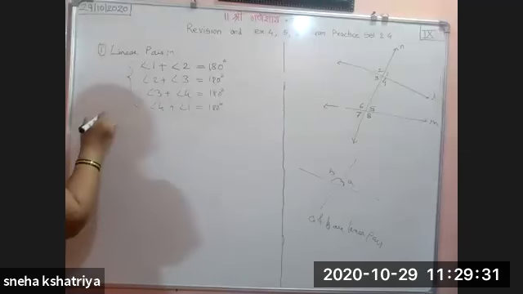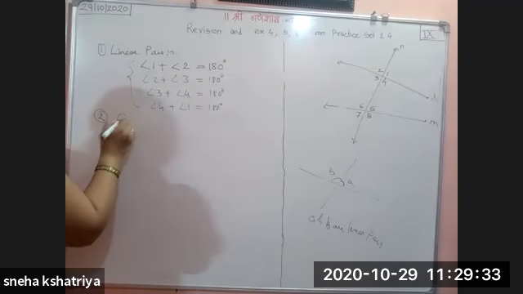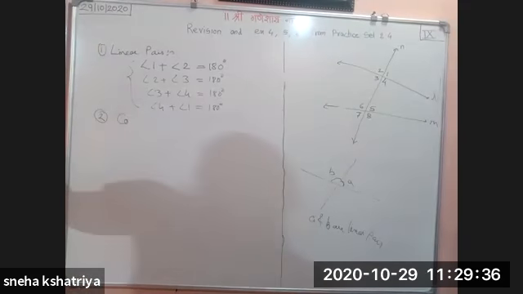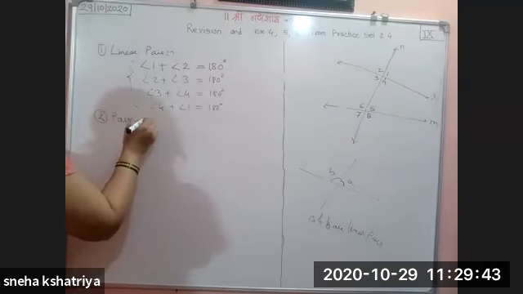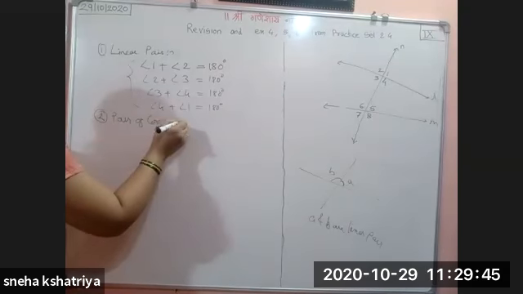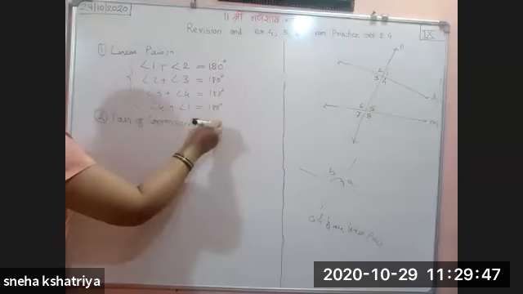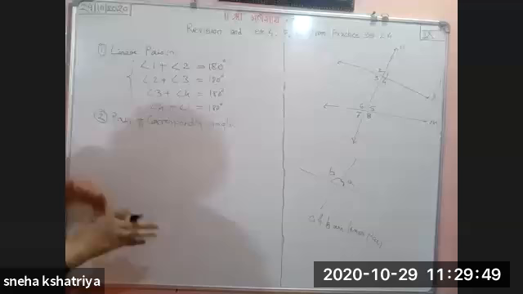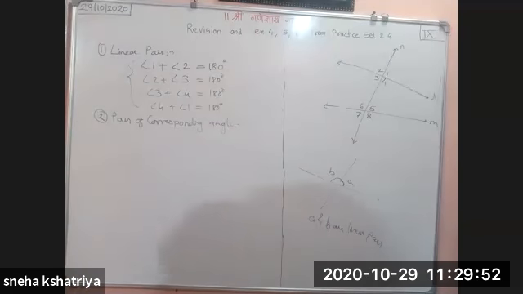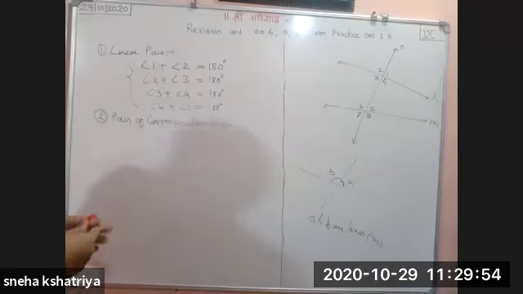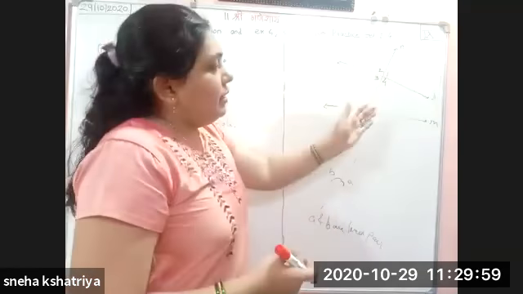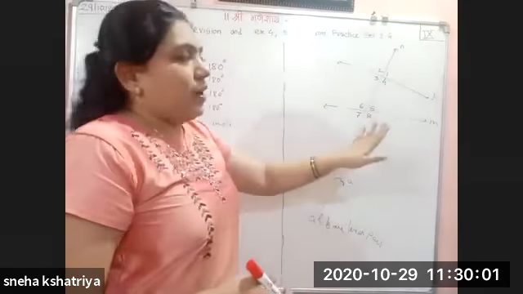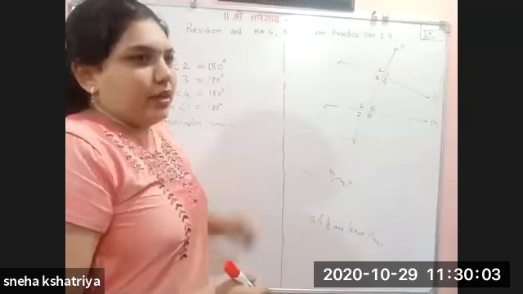Afterwards, we have seen corresponding pairs, pair of corresponding angles. What is a pair of corresponding angles? The angles which are formed on one side, either above the line or below the line, and one on one side of the transversal and the other on the other side of the transversal.